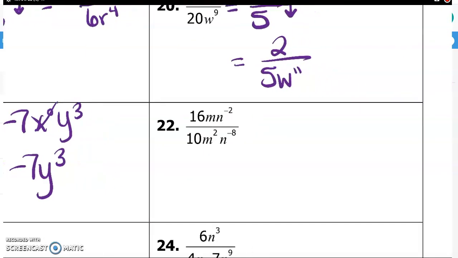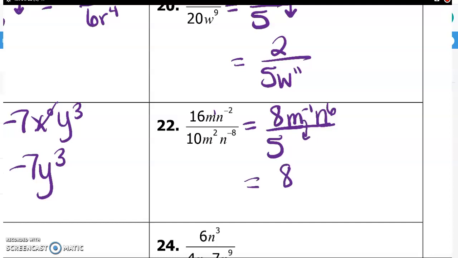For 22, that would simplify to 8 over 5, m to the negative 1. 1 minus 2 is negative 1. And then n to the positive 6. Negative 2 minus negative 8 is positive 6. So we just need to move the m down. So 8n to the 6th is on the top, and 5m is on the bottom.